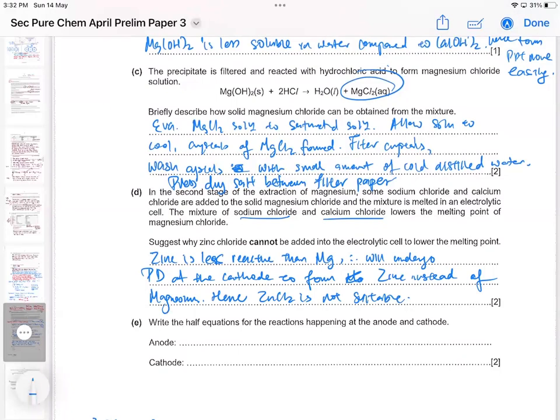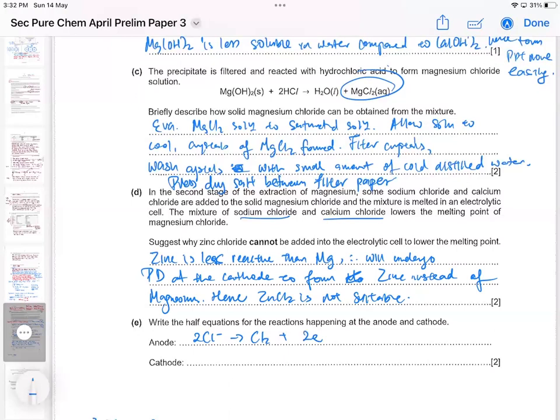Okay, next. Half equation. So for the magnesium chloride, the chloride will go off on the anode side.